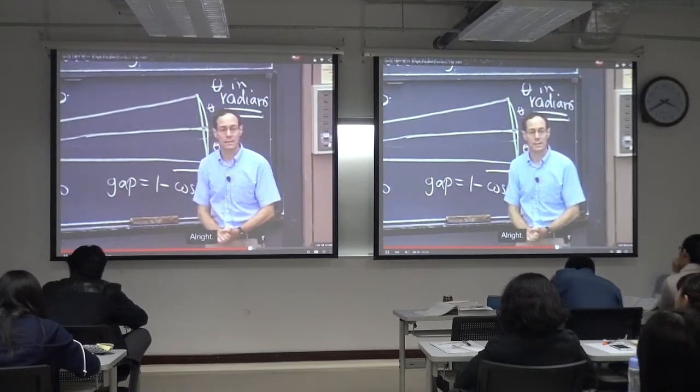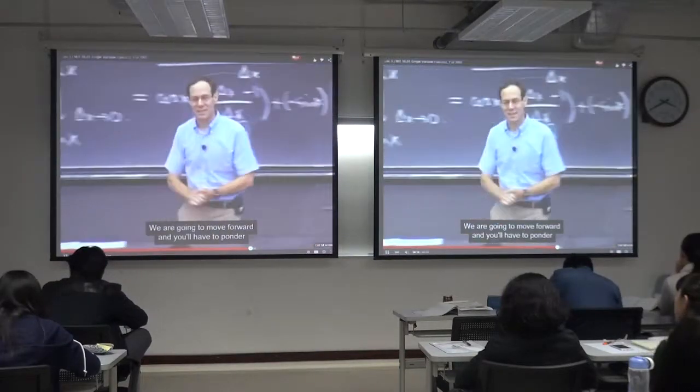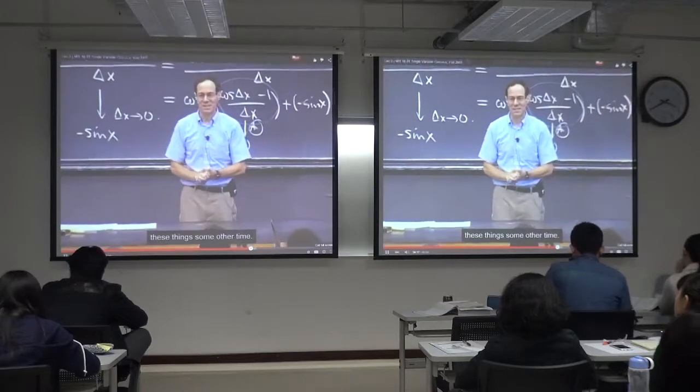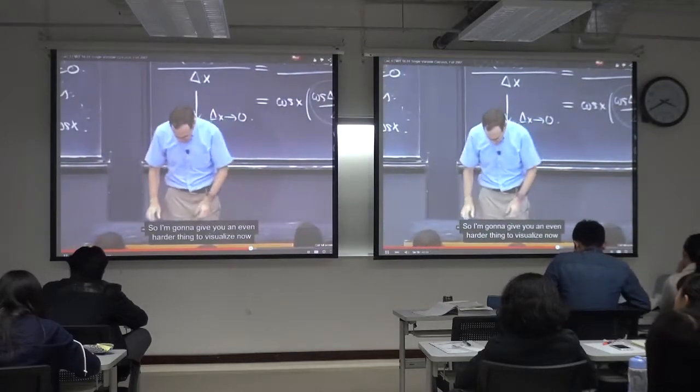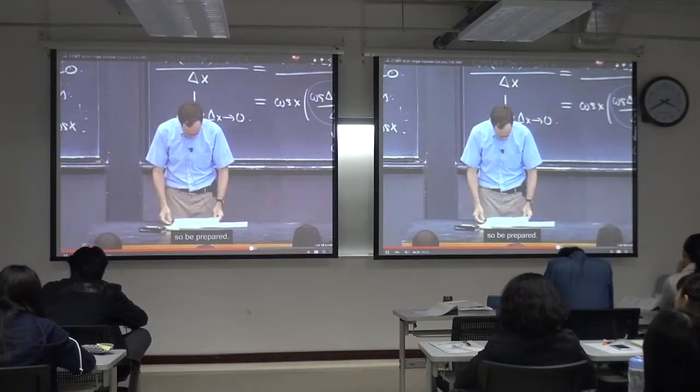All right. We are going to move forward, and we'll have to ponder these things some other time. So I'm going to give you an even harder thing to visualize now, so keep it clear. Okay.